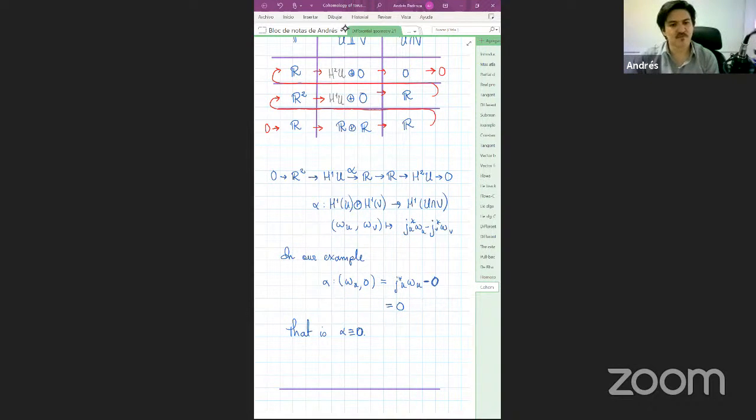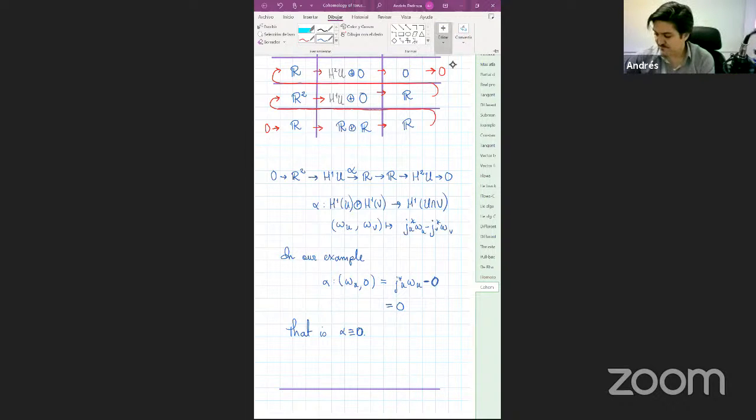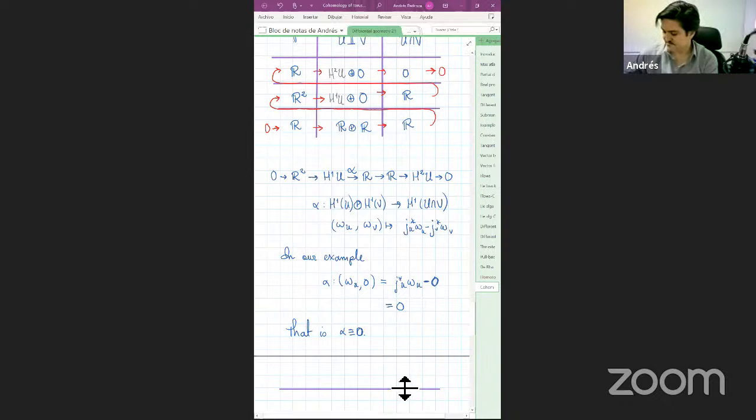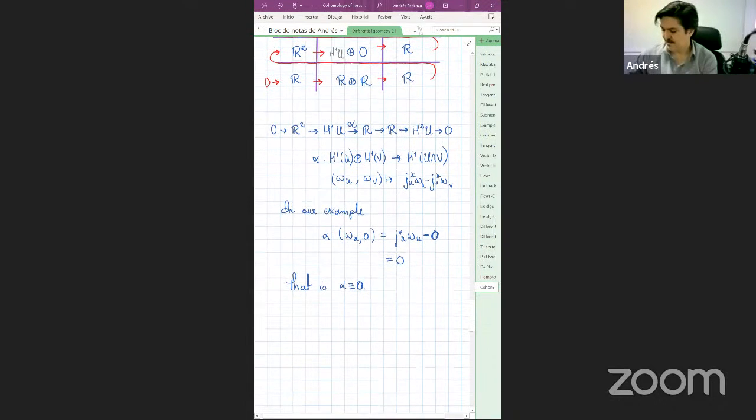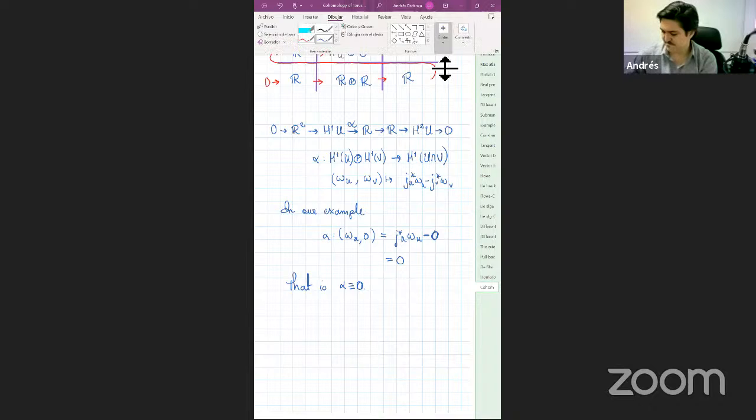So I'm using the proposition here to conclude that the linear map alpha has to be 0. Up to this point, any questions? Everything makes sense?